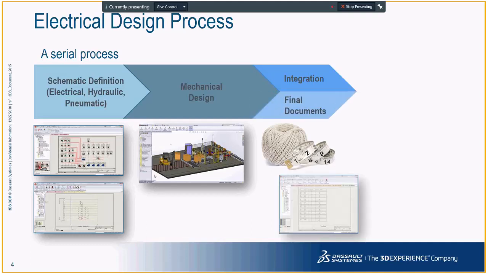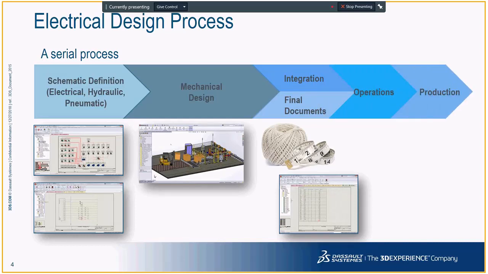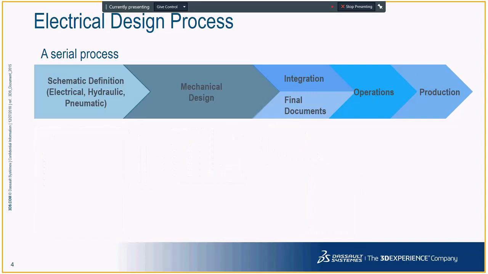The final documentation, like the bill of material, device and cable lists, comes as the final documentation process. Then it goes through operations, and the manufacturing and production will commence. So this is a serial process where the mechanical design process is waiting for electrical, or the electrical design process is waiting for the mechanical inputs.